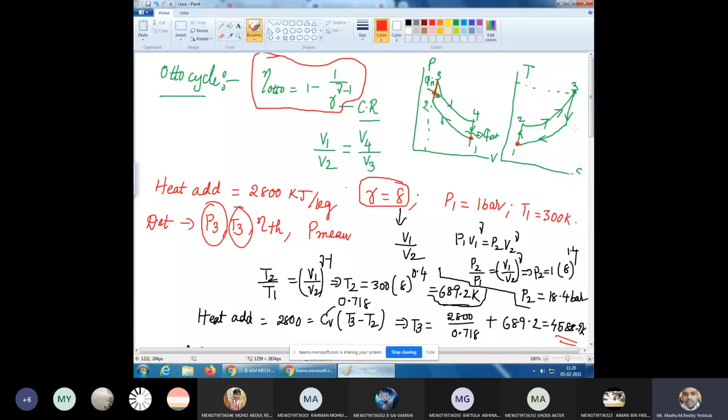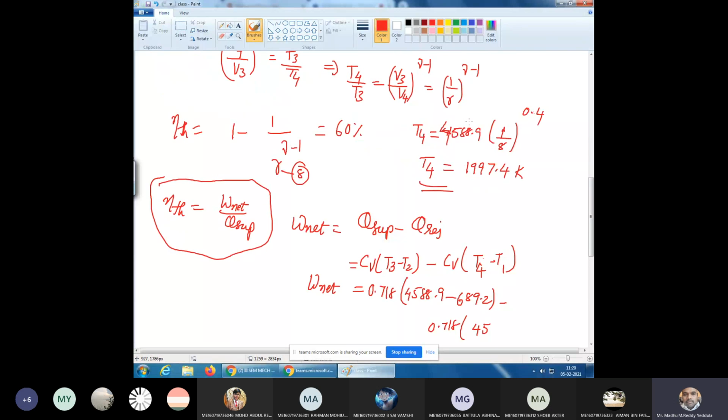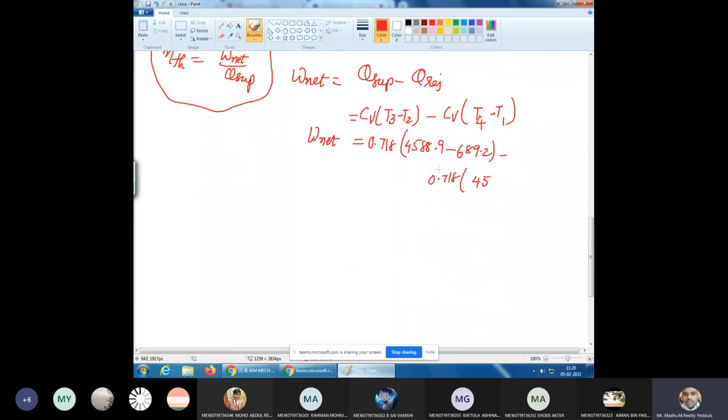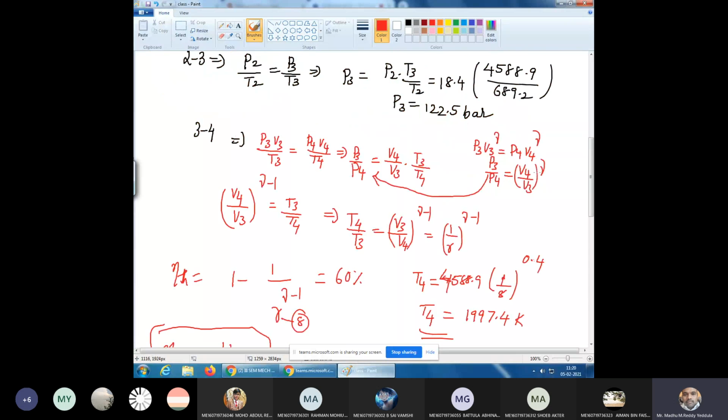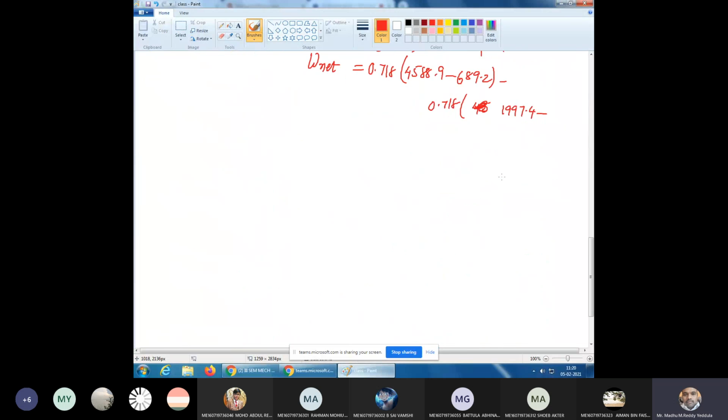Here heat rejected will be T4 minus T1, right? So this is T4 minus T1. T4 value is how much? 1997.4. 1997.4 minus T1 value, 300 Kelvin.